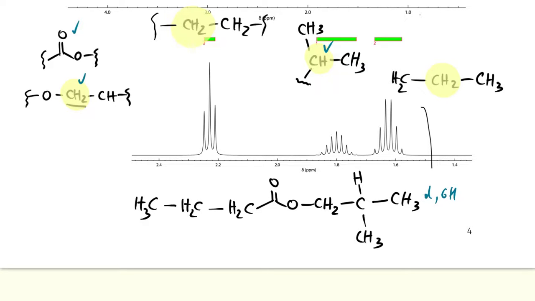Now, this one should be, actually it should be 6 and 2, that's 8. So that should be not a septet, but a nonet. Okay, so this is a red flag. Okay, we don't discard it completely.